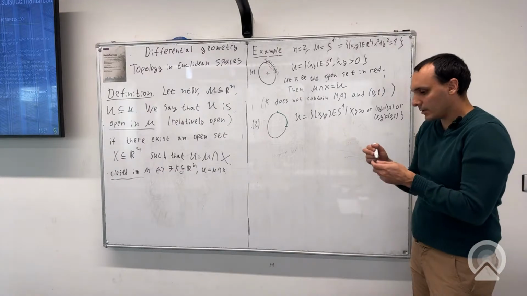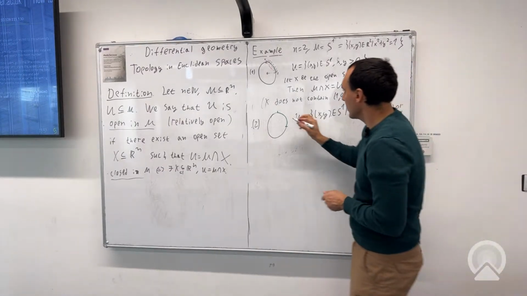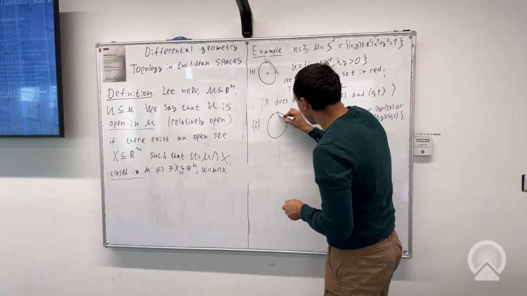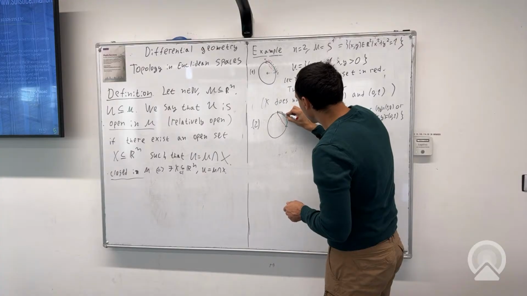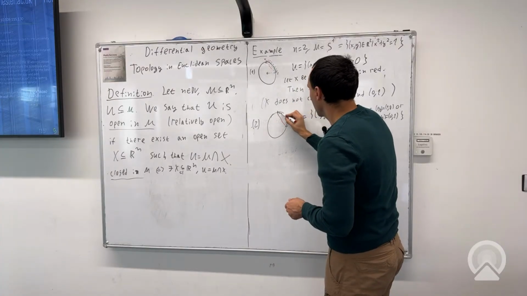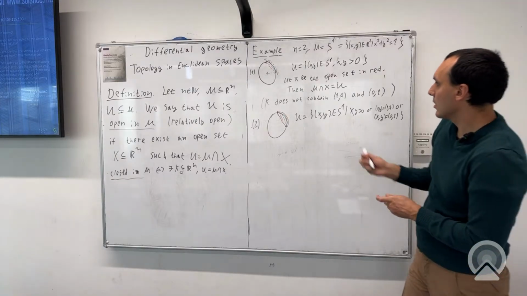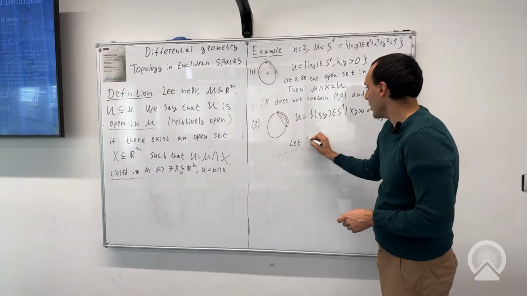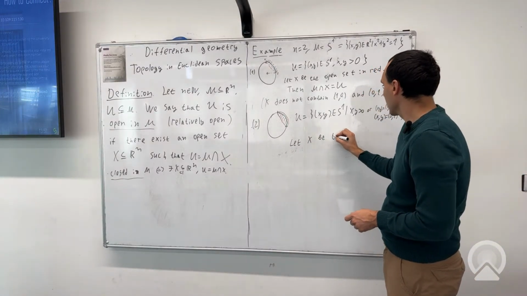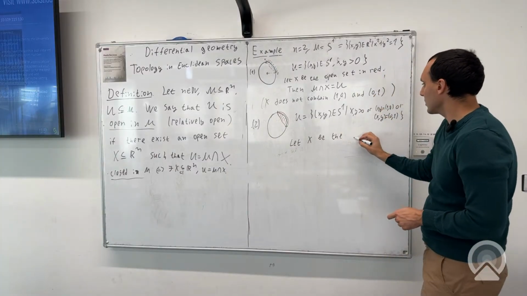Now I can take the same here, but the closed set. Let X be the closed set in red.